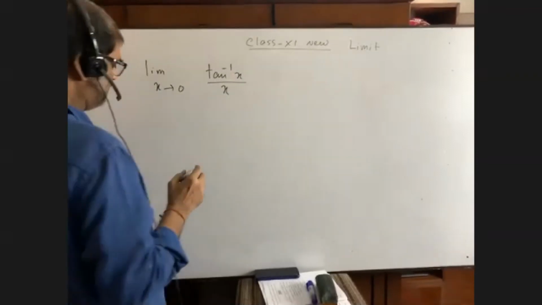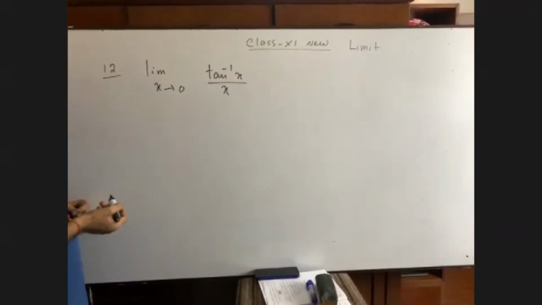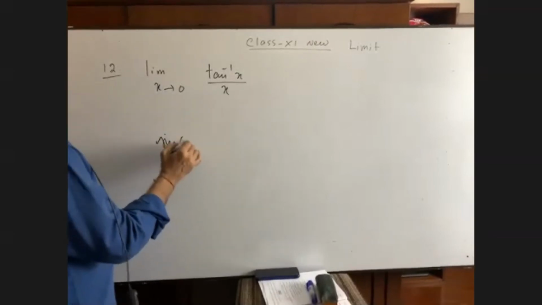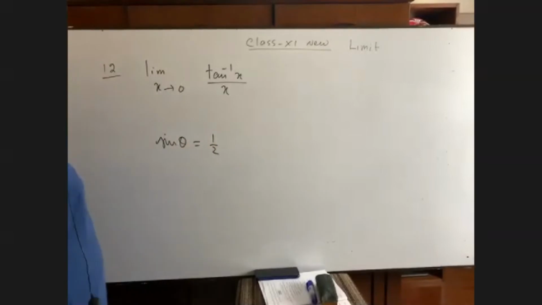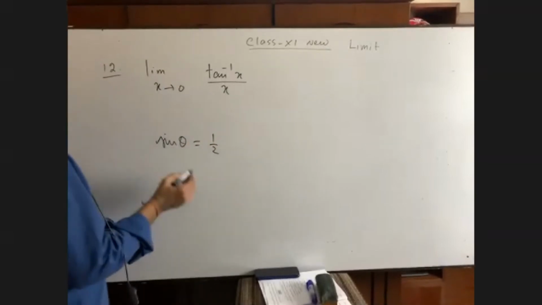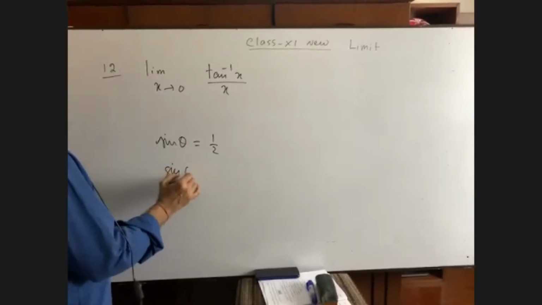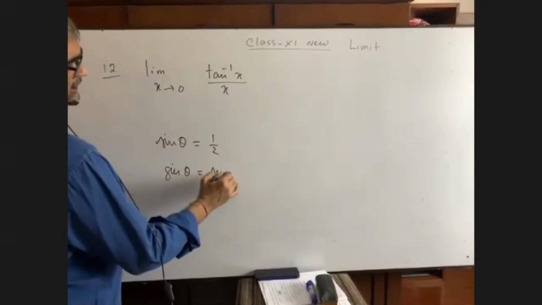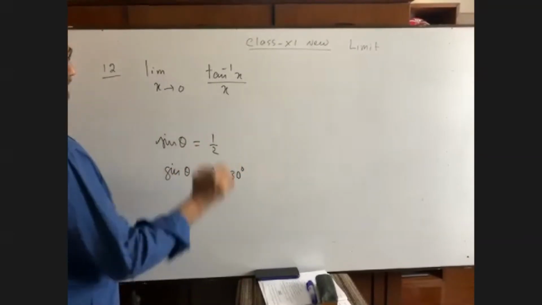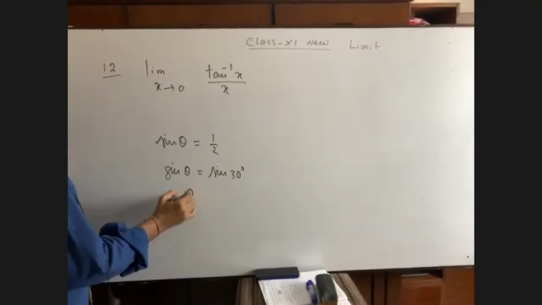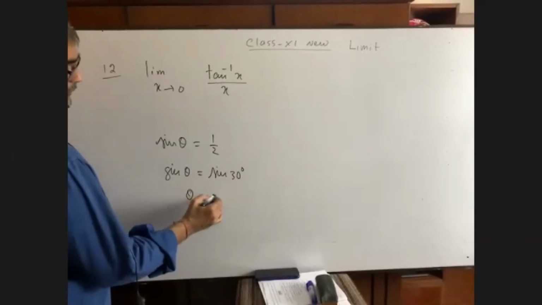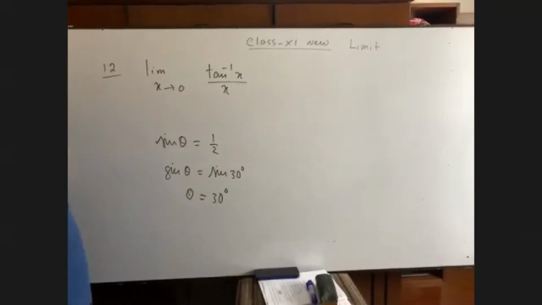Suppose when you were a student of class 10, what did you do? Sine theta is equal to half. What did you do? You write down sine theta equals sine 30 degree. Then you wrote there, am I right?